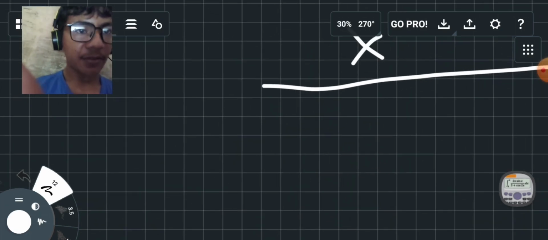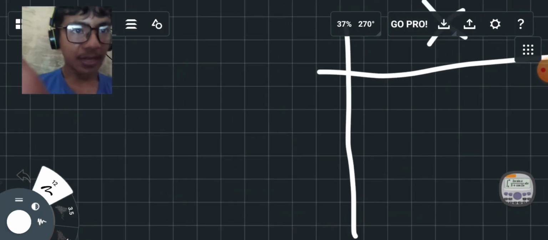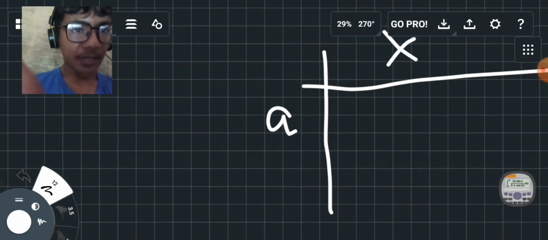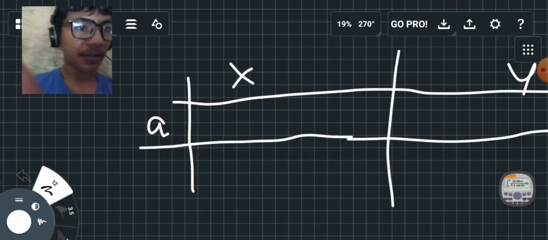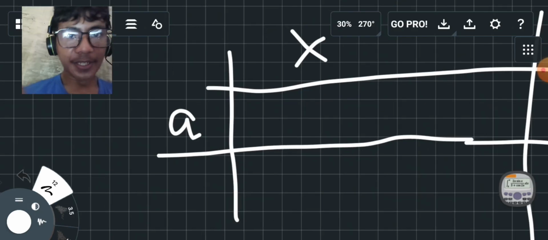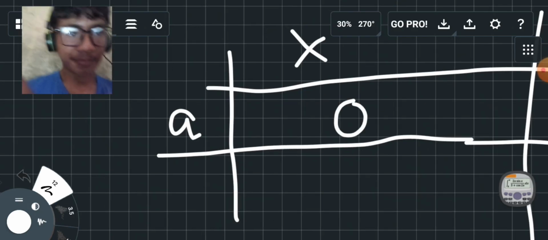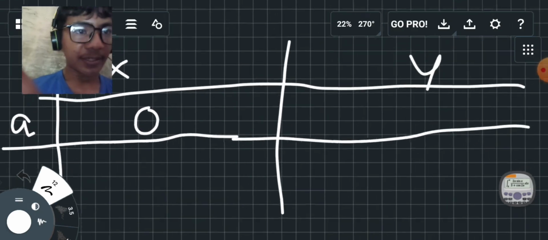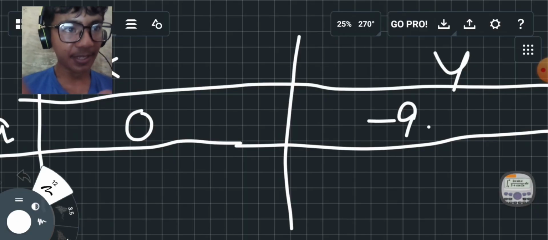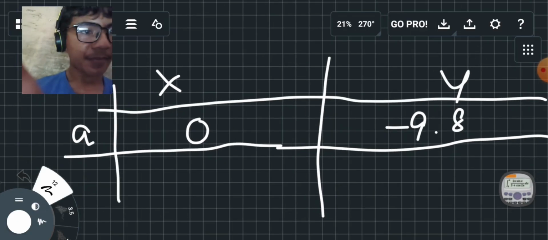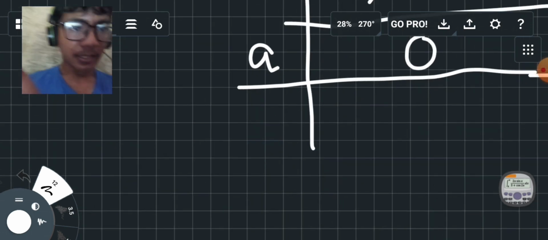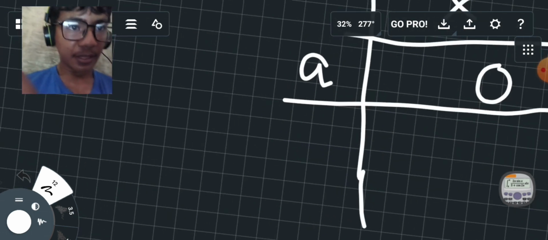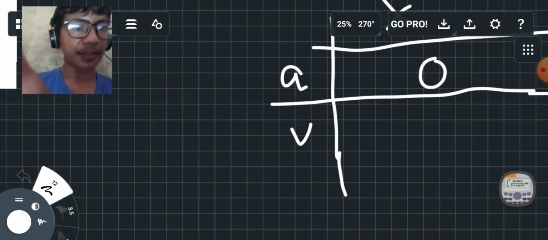In the rows, we'll have a for acceleration. The acceleration in the x direction is always 0. And in the y direction, that's negative 9.8. I'm just leaving out the units. And next, after acceleration will be velocity.